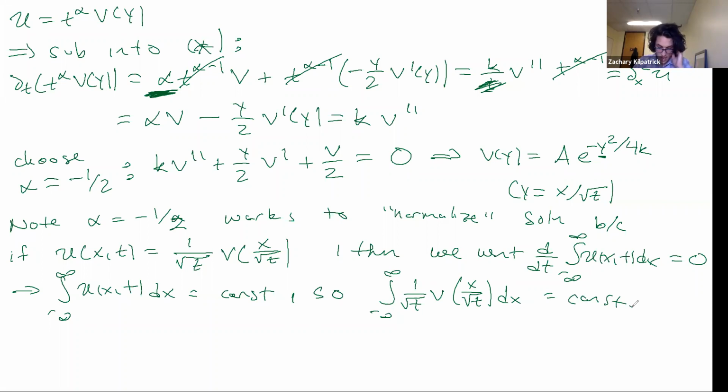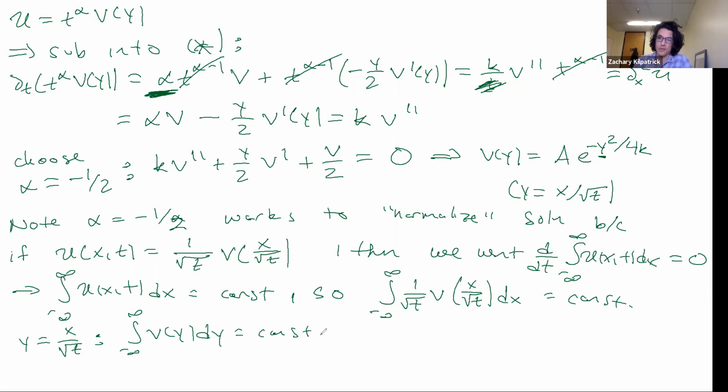So in this case, if we take this integral, remember that if we set y equal to x over square root of t, then we'll just have the integral from minus infinity to infinity of v of y dy. And so indeed, this is going to be constant in t.